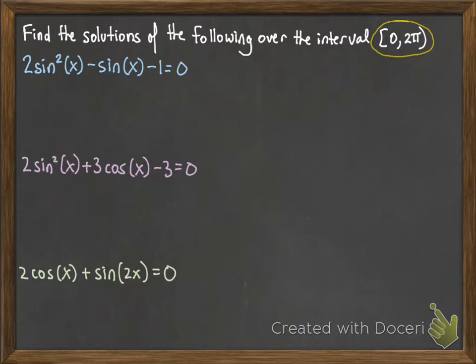So the first thing that we want to do is take a look at this guy and realize that it's kind of like a quadratic imposter. For example, if I were to take all the sine x's and let sine of x equal t, then I could rewrite this as 2t squared minus t minus 1.